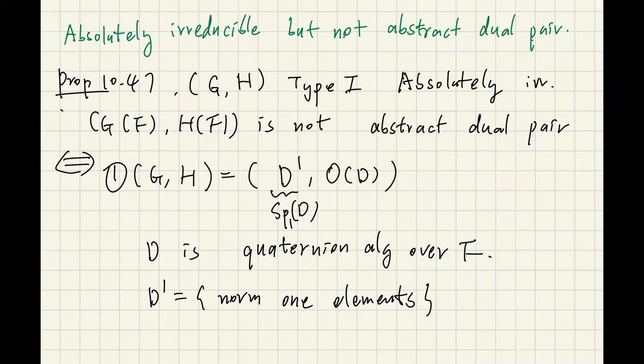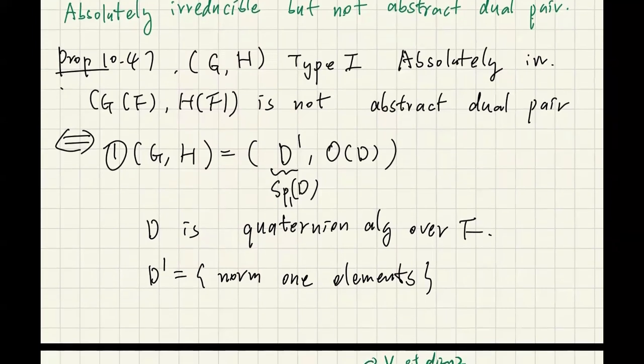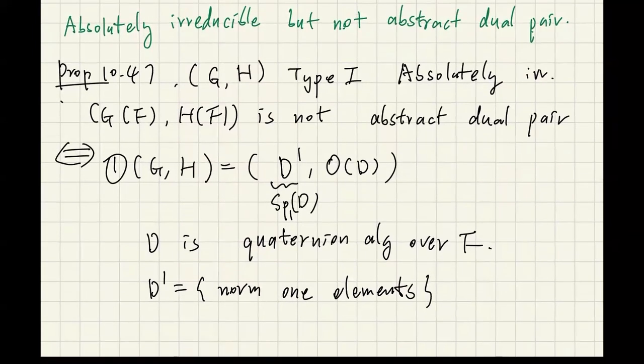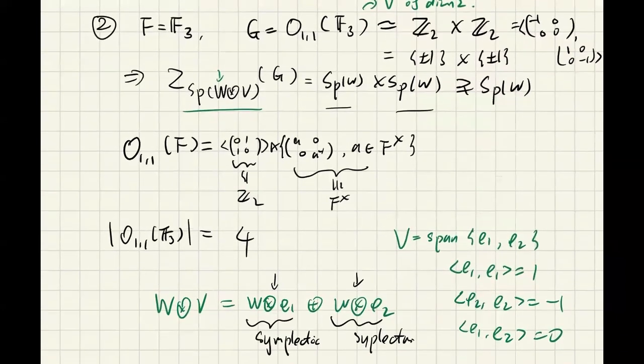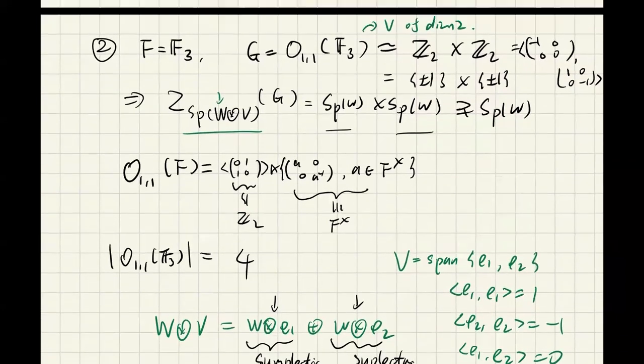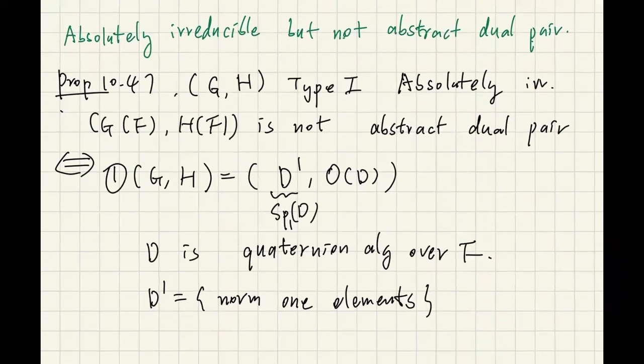Okay, so here's a fact: you can actually have an absolutely irreducible dual pair that is not an abstract dual pair. We have explained one example, which is the finite field case. There's another example, and again the reason is that one of the groups is too small. It is the case that D is a quaternion algebra over the field.